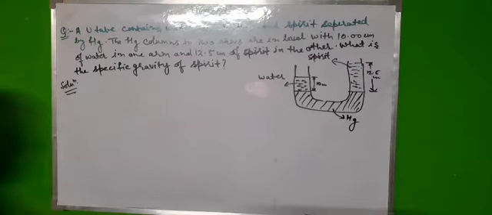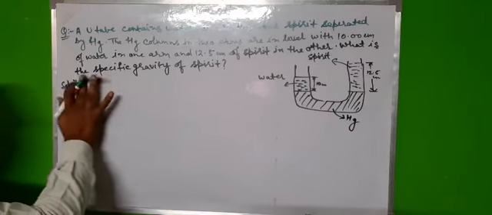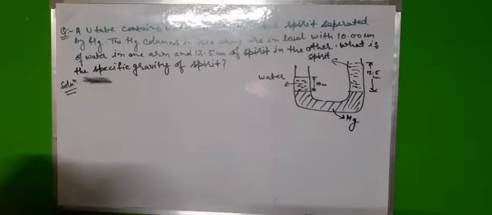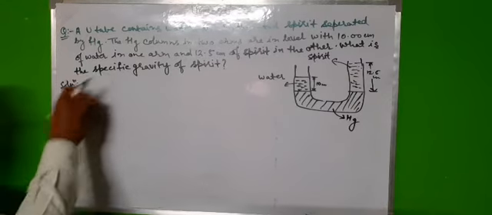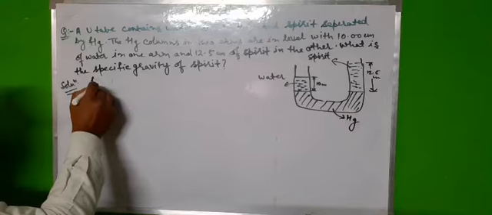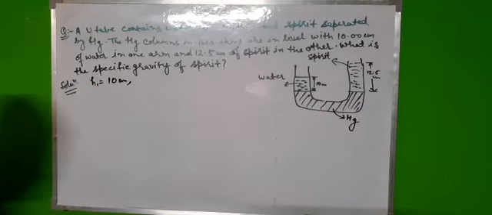So the height of the water column, I am supposing it as h1. So h1 is equal to 10 centimeter, it is given.